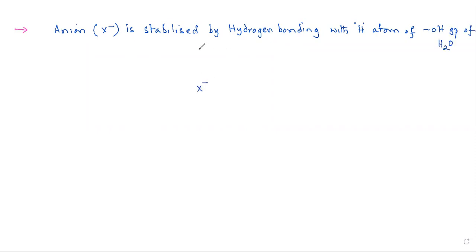Now take the water molecules in this way. This is how hydrogen bonds are formed between the anion and the hydrogen atom of the OH group of the water molecule.